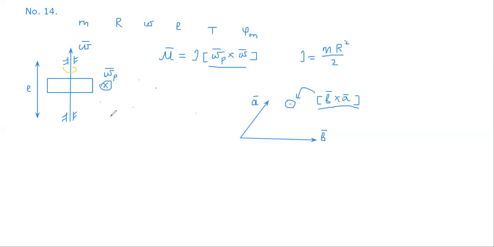Because the vector of angular velocity of precession here is directed from us to the screen, and the direction of angular velocity omega is shown on the screen with this vertical arrow.